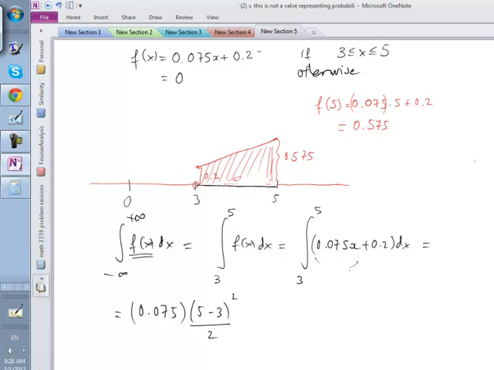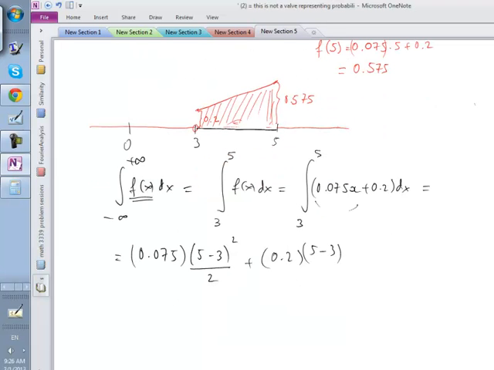That comes from the first term, and the second term is a constant 0.2 times (5 minus 3). So if we put all these together, then we find that this is equal to 1 if you do the calculation.